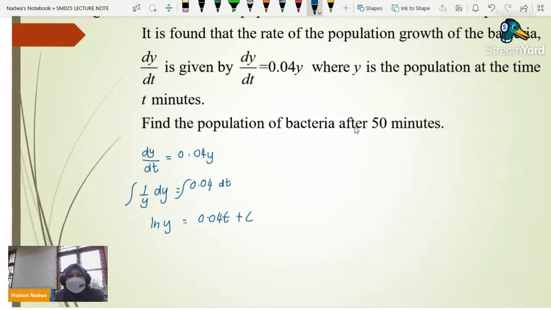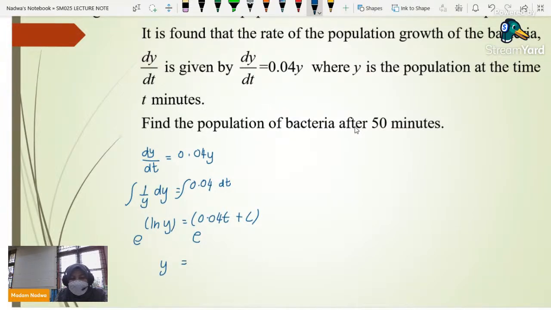Okay, so this is the problem where we want to find y only. We don't want ln y. We want y only. So what I said to you last time, we have to exponent both sides. So when we exponent both sides, okay, if Dalila is watching, so this is how we exponent both sides. So e to the power ln y, so it's equals to y.